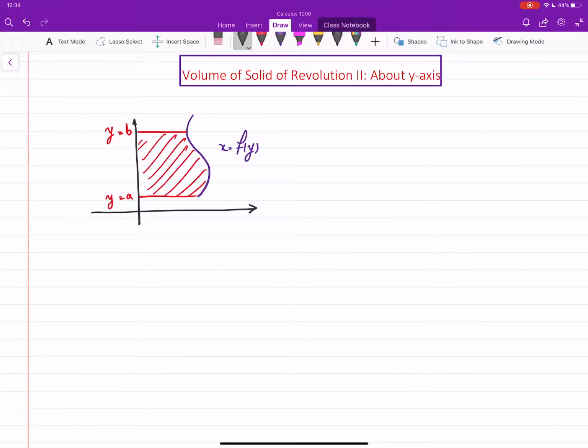Then we start rotating this about the y-axis.